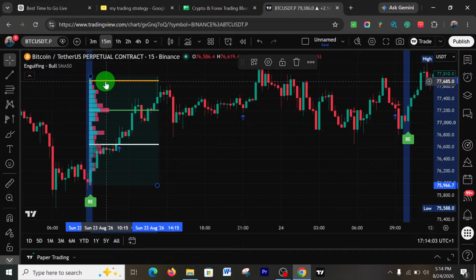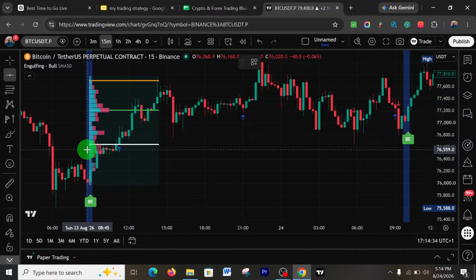This side is tagged too expensive. Anything towards here, which is the VAH, volume area high, is tagged too expensive, and anything around this area is tagged too cheap. For too expensive, you're always going to expect sellers to come in to drive the price down, while for too cheap you're going to expect buyers to come in and defend that area, which is exactly what happened.